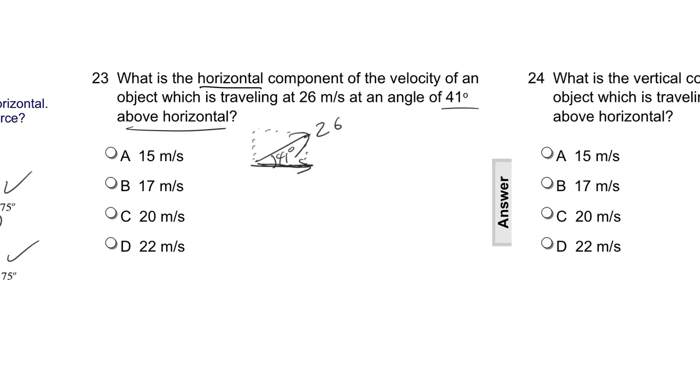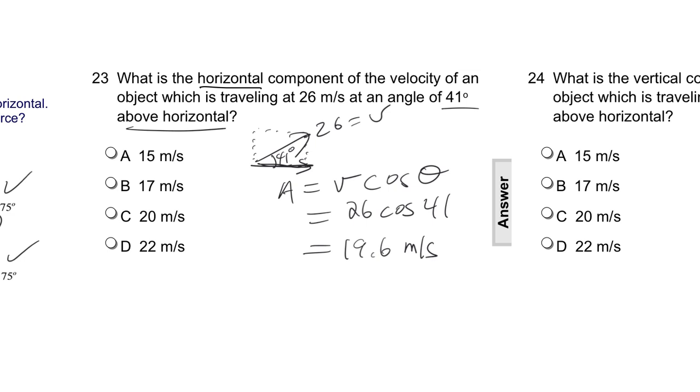So they're looking for this piece that is the adjacent side, and that'd be V times cosine of theta, 26 cosine of 41. And I get 19.6 meters per second, which rounded to 2 sig digs is 20.